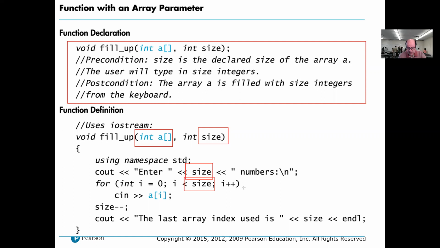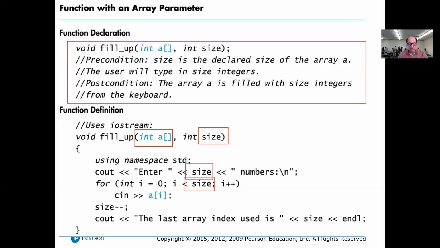I'm not worried about whether it's 5, 10, 15, or 20. All I know is whatever size you give me, I'm going to ask for that many numbers, and I'm going to go up to that many numbers to ask the user, and then I'm going to be reading it. So if my size was 10, this for loop is going to go 10 times. If my size was 15, it would go 15.